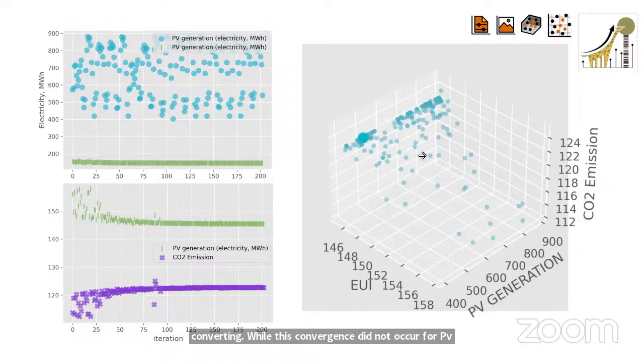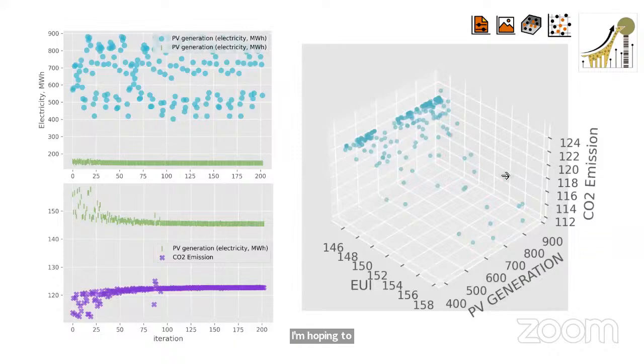And additionally, using a 3D scatter plot, I gained an overall view of each model's position for these three indicators, hoping to identify whether we had approached an optimal model within these 200 iterations or not.